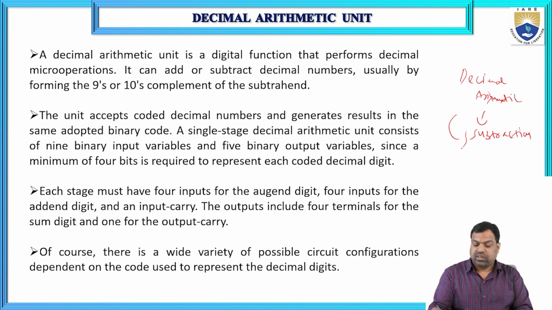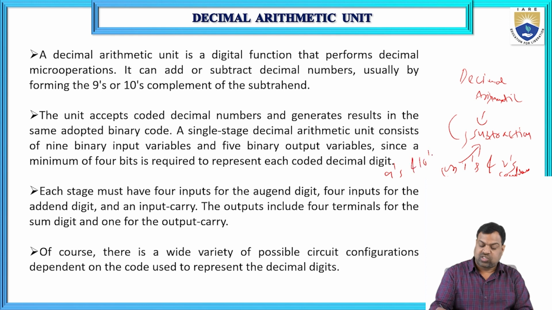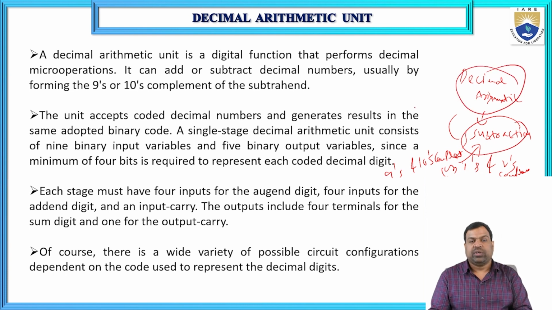In decimal arithmetic, for subtraction, we need ones and twos complement or nines and tens complement.